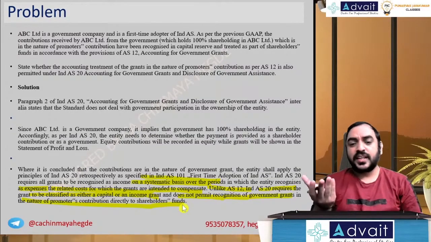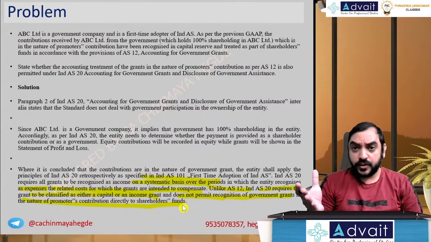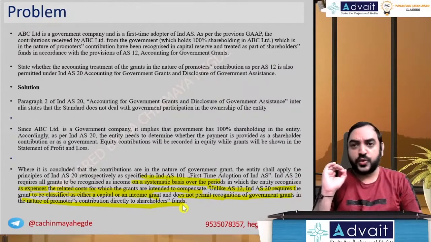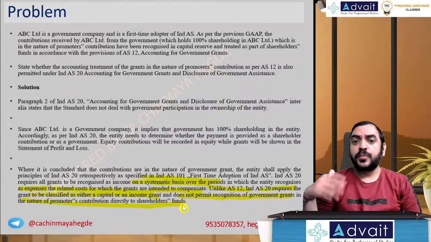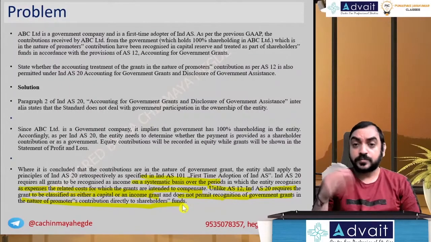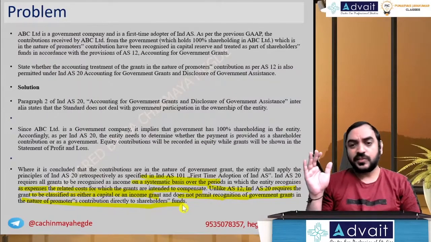So basically what they are telling is, if the amount is received in the nature of equity from a shareholder, like an amount received from a shareholder towards share capital, you take it to share capital. But if it is received from the government, not as owner, like a subsidy or a grant, then you cannot treat this as promoter's contribution.